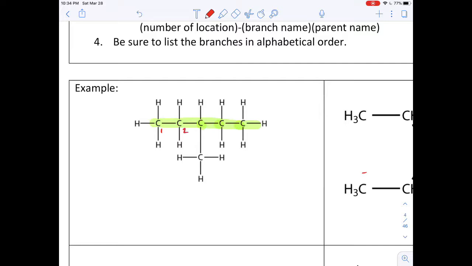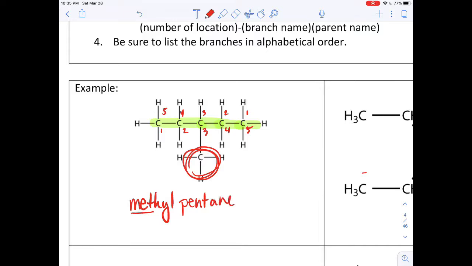We'll go 1, 2, 3, 4, 5, or from the other end, 1, 2, 3, 4, 5. The reason we're doing this is a 1 carbon long branch, which is called a methyl branch, meth being 1 carbon long. Since it's attached to a parent chain that is 5 carbons long, it's called a pentane. So this is going to be a methyl pentane.